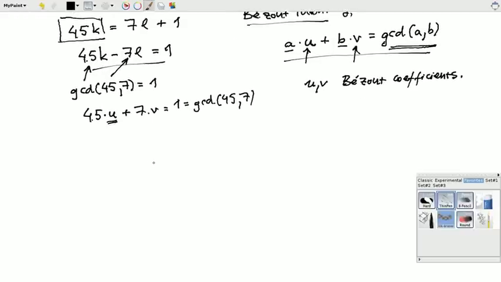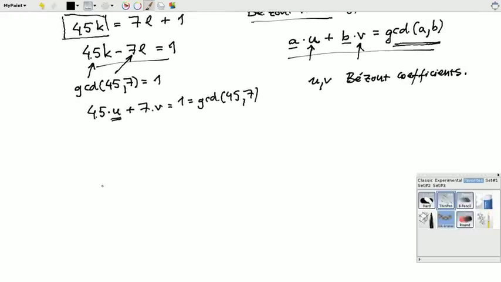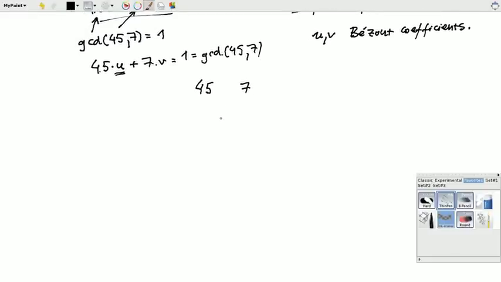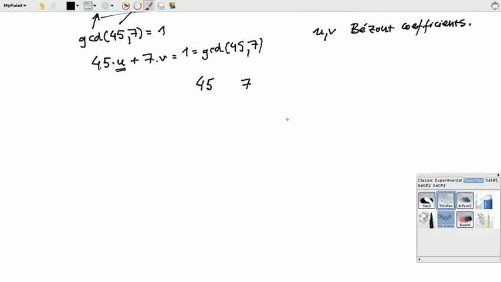Okay, so let's run the extended Euclidean algorithm on the number 45 and the number 7. The Euclidean algorithm works like this. It takes the bigger number and takes away the smaller number.